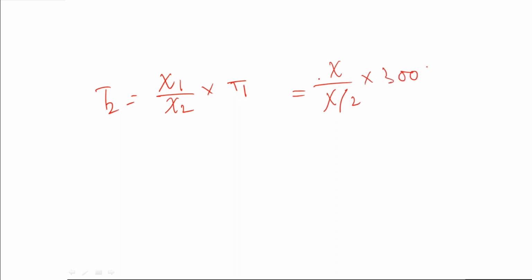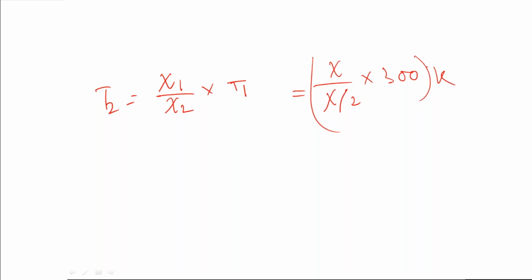So what I can get from here: T2 is equal to chi1 by chi2 into T1. This is the relation now.